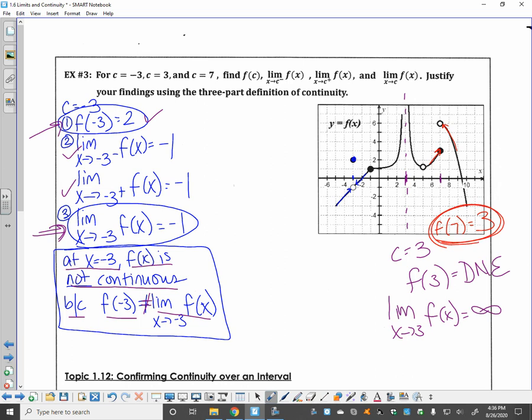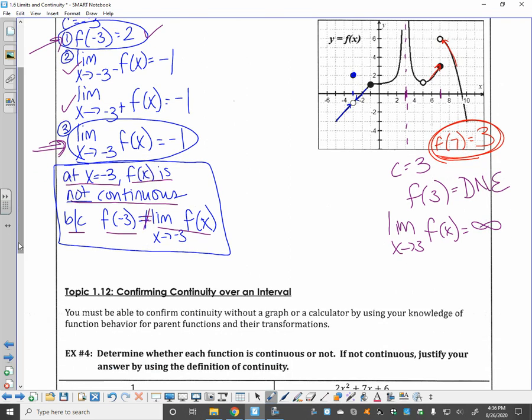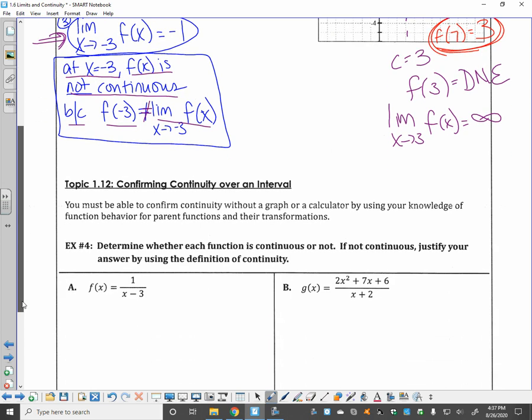The overall limit does not exist. Therefore, not continuous because f of 7 does not equal the limit as x approaches 7. All right, it's easy to think through. They're difficult to write. And that's what you've got to be good at. You've got to practice writing, which we will.